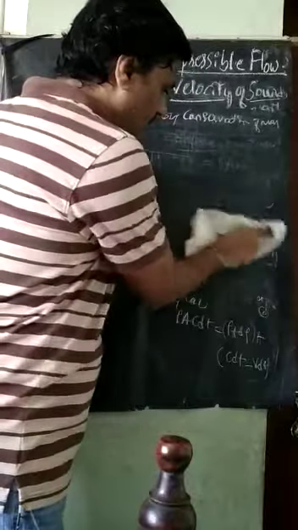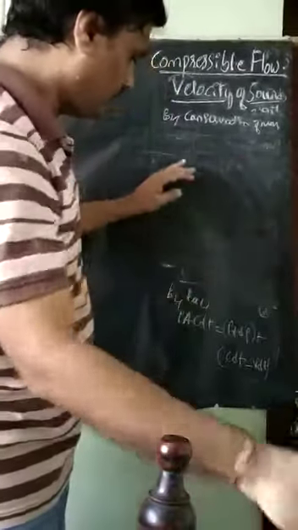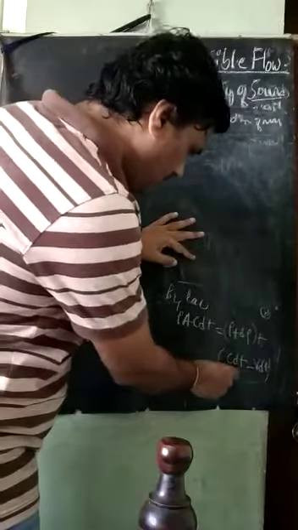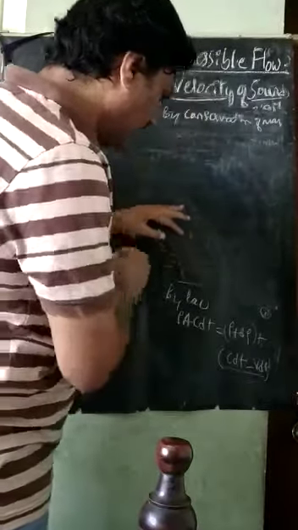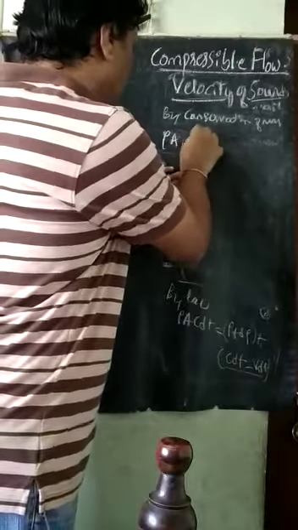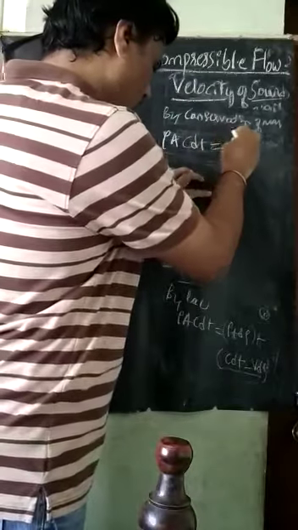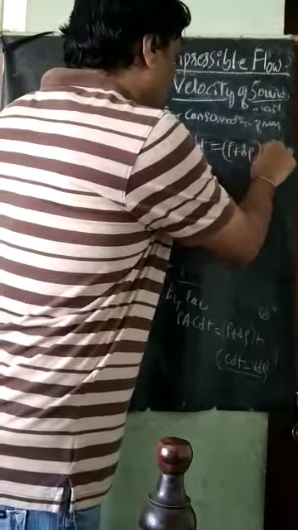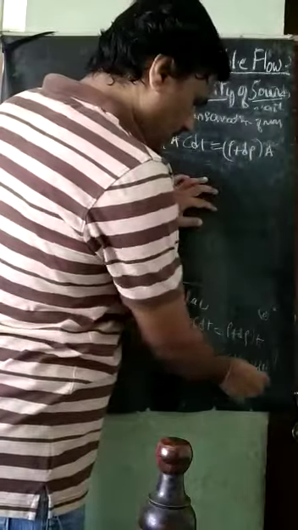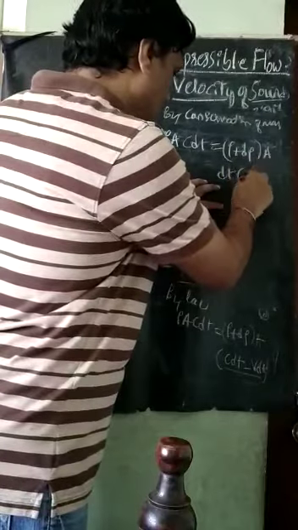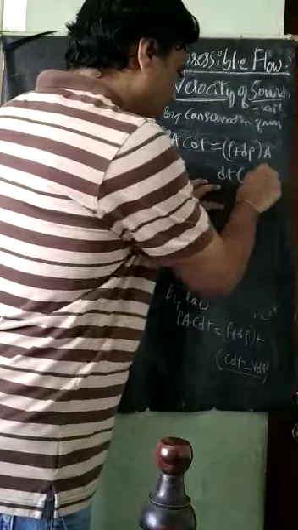Next, dt is common, we can take it out: rho a c dt is equal to rho plus d rho into area into dt, in the bracket what is left, c minus v.